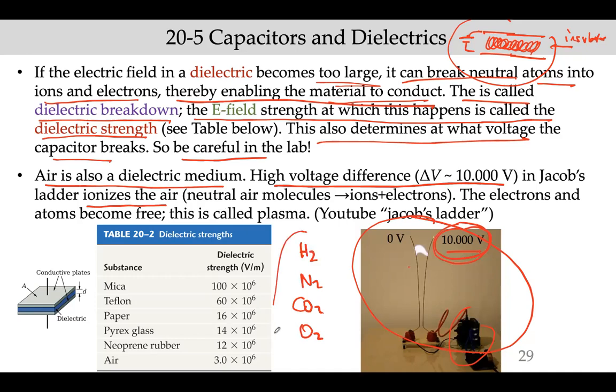So even though initially we have neutral air molecules, then we will have positively charged ions and negatively charged electrons. This much electric field may create a plasma. If you have positive and negative charges free to move, that's called plasma.